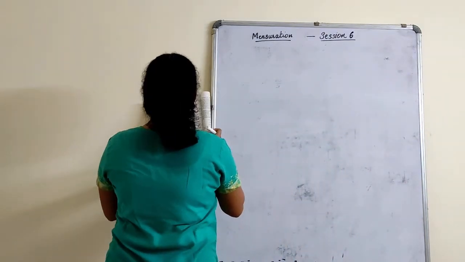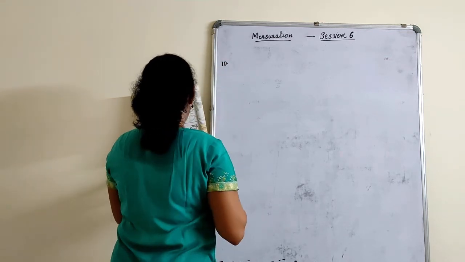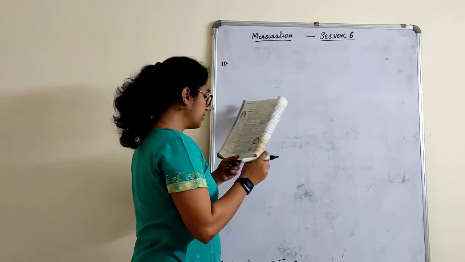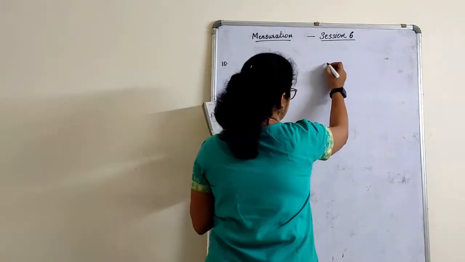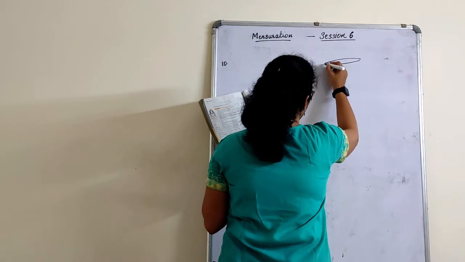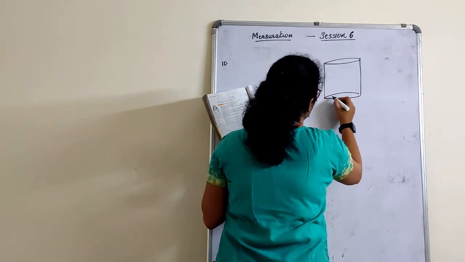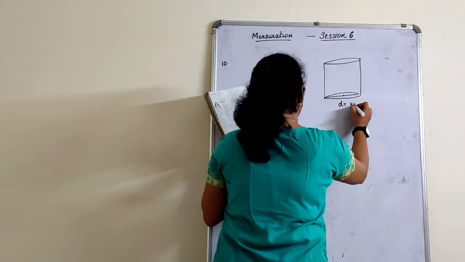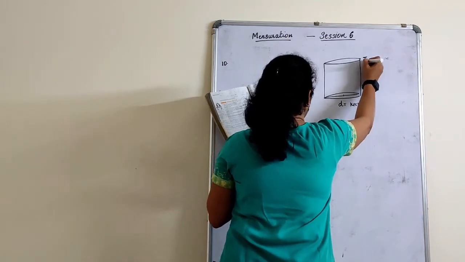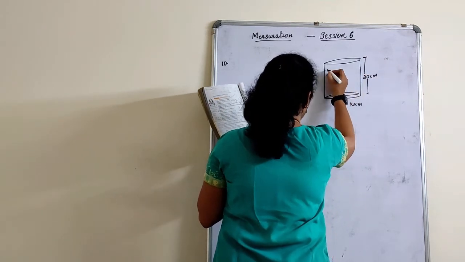And the last one. A company packages its milk powder in a cylindrical container whose base has a diameter of 14 centimeter. So the milk powder is coming in one container, whose diameter is 14 centimeter and height of that container is 20 centimeter.